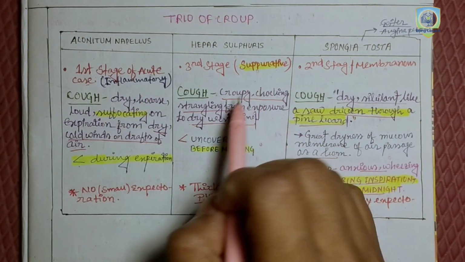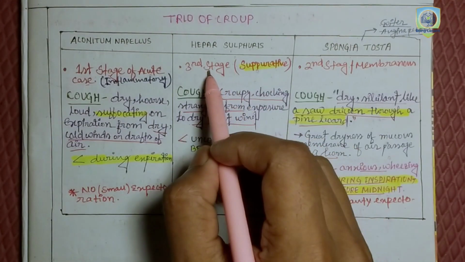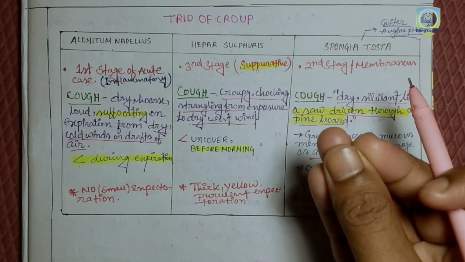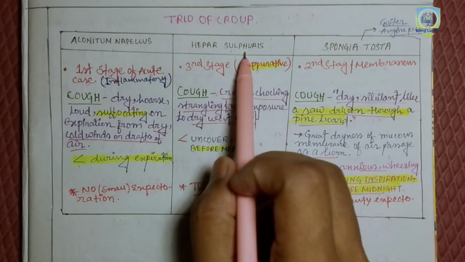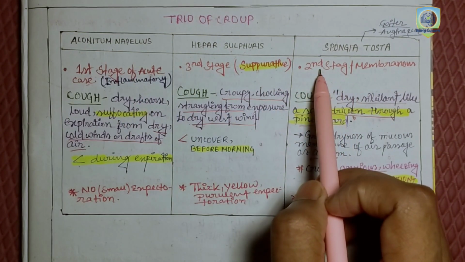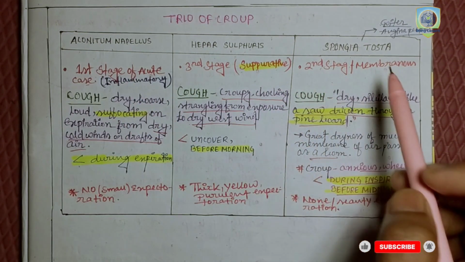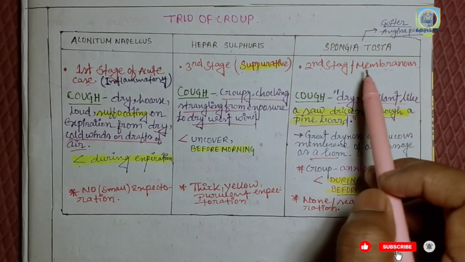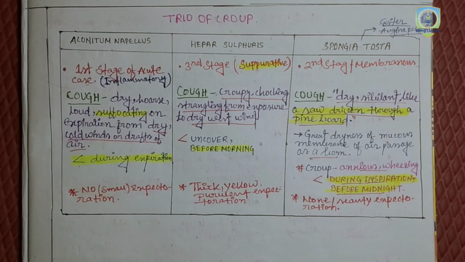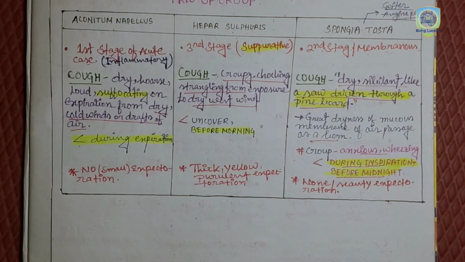In Hepar sulph, especially the third stage, suppurative stage, where suppuration or expectoration is formed. In Spongia tosta, the second stage, after Aconitum napellus, we give Spongia tosta where the membranous stage is marked.